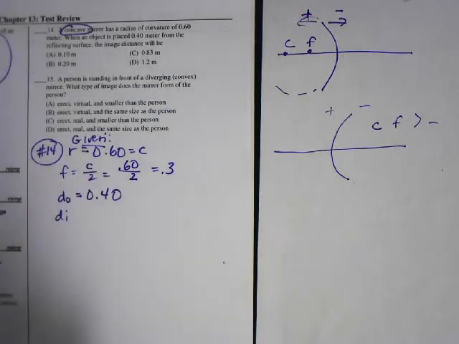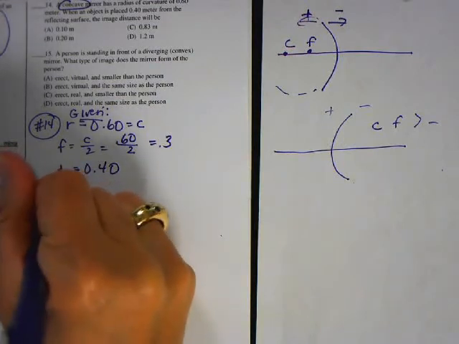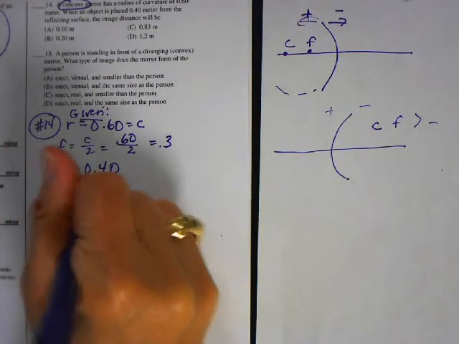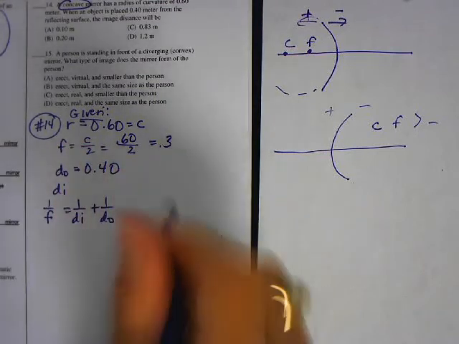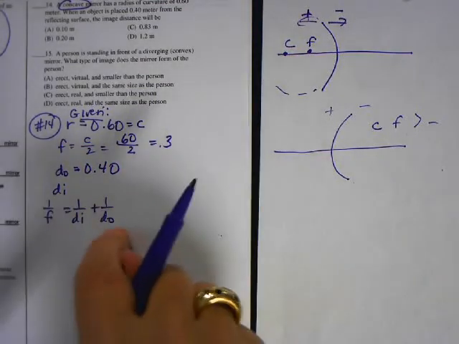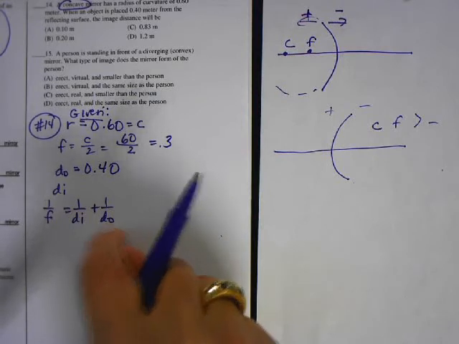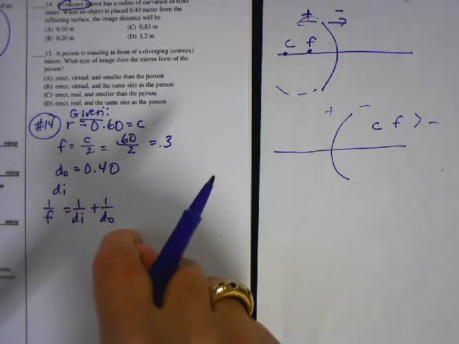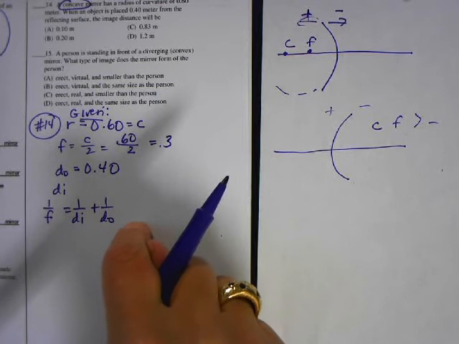So our basic equation for doing these problems is 1 over F is equal to 1 over DI plus 1 over DO. Now, I do not recommend plugging numbers in your calculator. Now, even though your calculator has that 1 over X button, what happens is people make mistakes. So I've already showed you many times how to rearrange this equation to solve for the unknown in terms of the known.